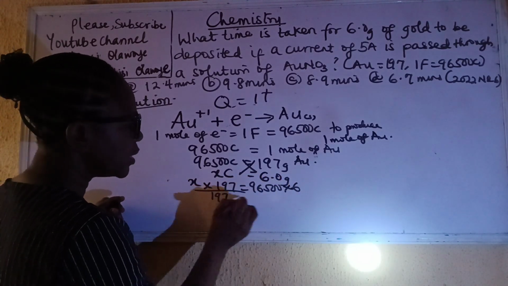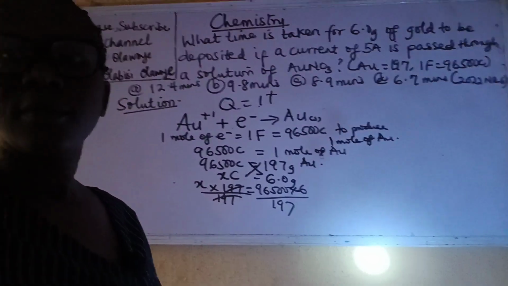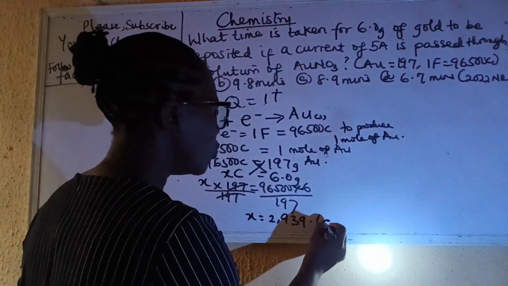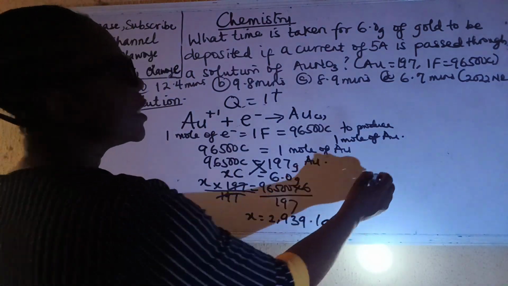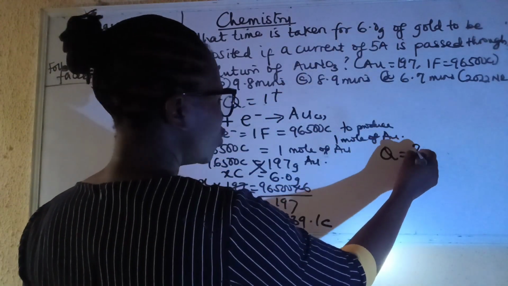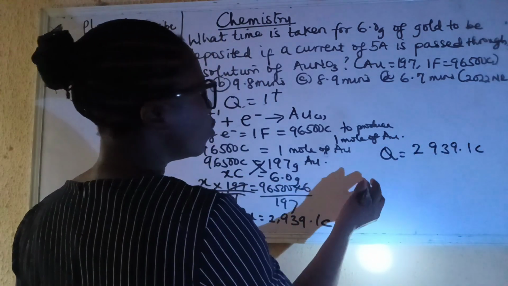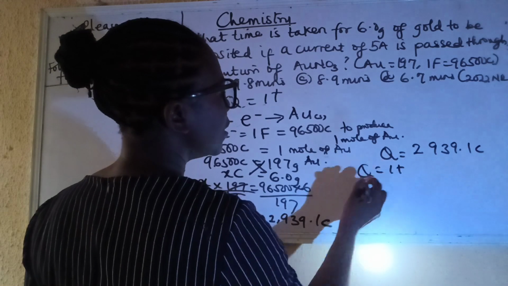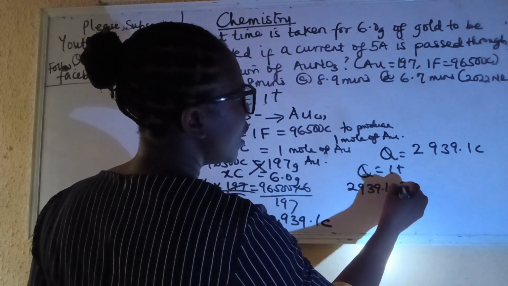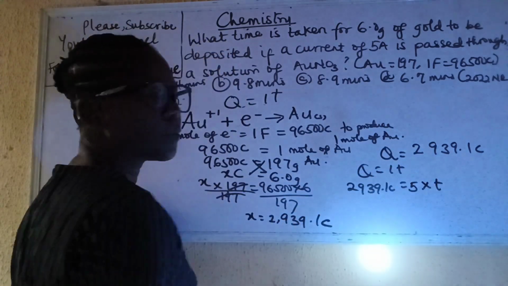Dividing both sides by 197, we get 2,939.1 coulombs. So it means that Q here, to produce 6 grams, requires 2,939.1 coulombs. So using Q equals IT, where Q is 2,939.1 coulombs and our current is 5, what is the time?